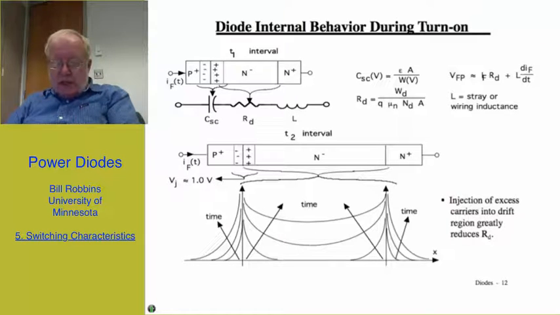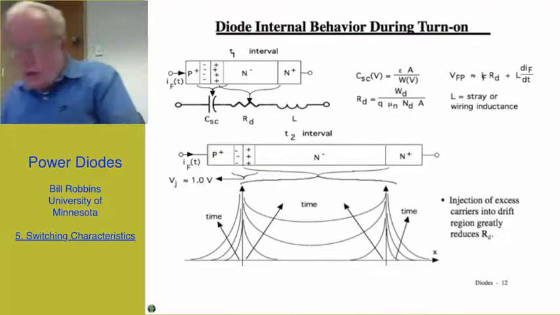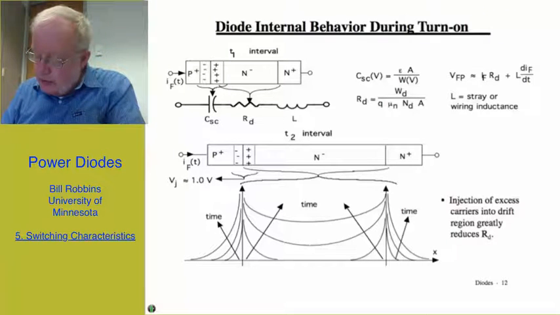During the t2 interval, the current through the device is constant. Any contribution to the diode voltage from the inductance is now gone, and the resistance is beginning to decrease because we are filling up the drift region with excess carriers. I'm showing in a qualitative manner the growth of the excess carriers as a function of time.